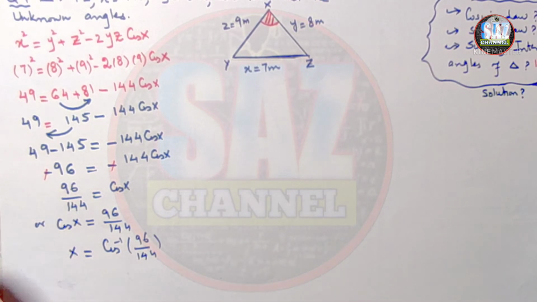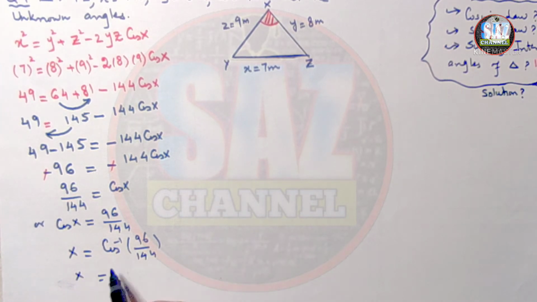Cos inverse of 96 divided by 144 gives me 48.189.